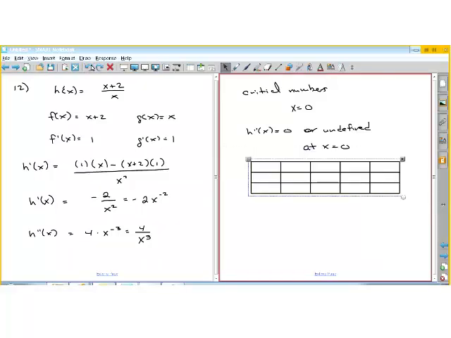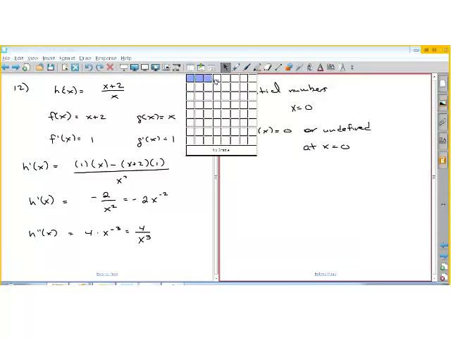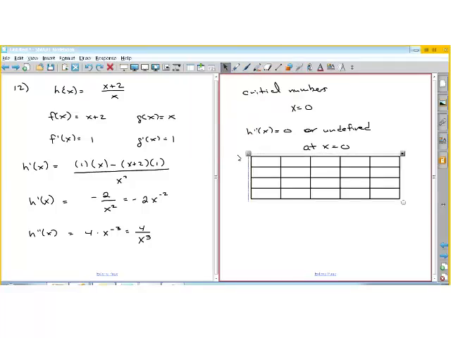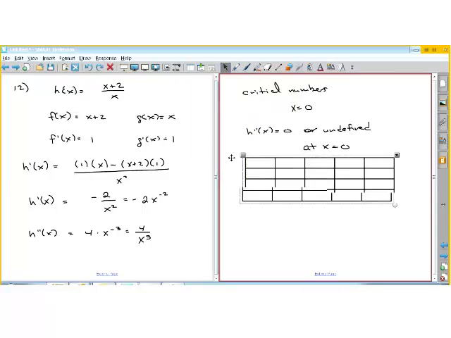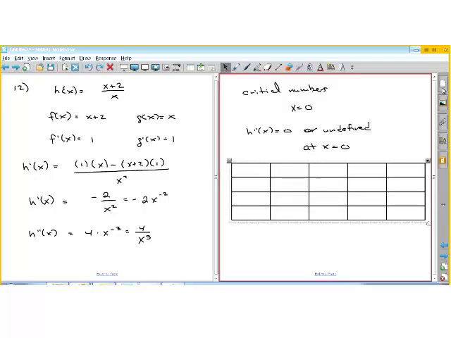We always have 5 columns, and then you have one row for the critical number and 2 rows for the intervals. So it's a little bit bigger than I originally started out with. Okay, so let's try this again.